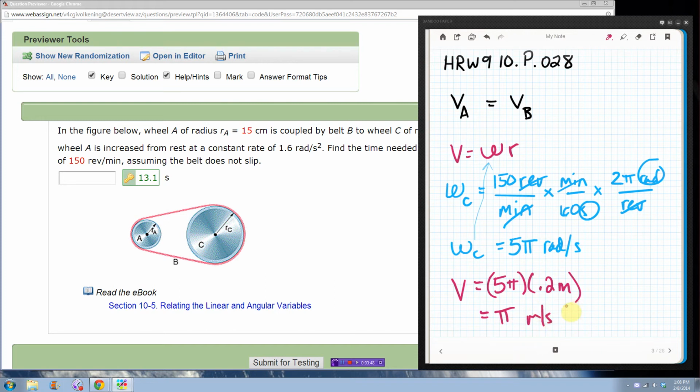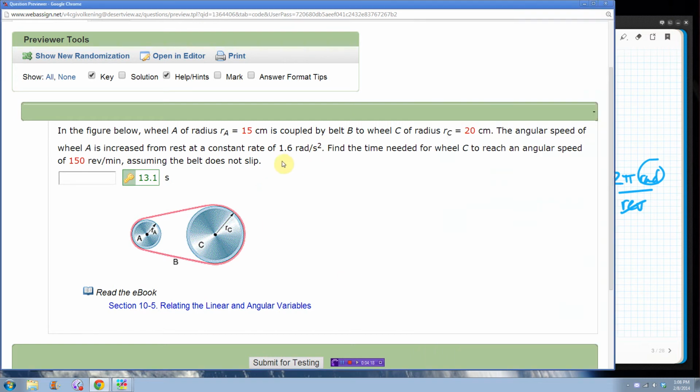Now, going back to here, if that is the linear velocity at the edge of wheel C, then that is also the linear velocity at the edge of wheel A at the time that I want to know. Let me write down some information first. So wheel A, I know at the edge is spinning at pi.